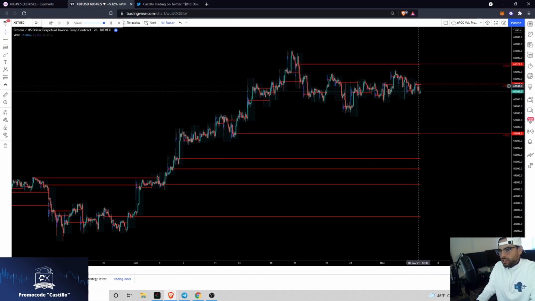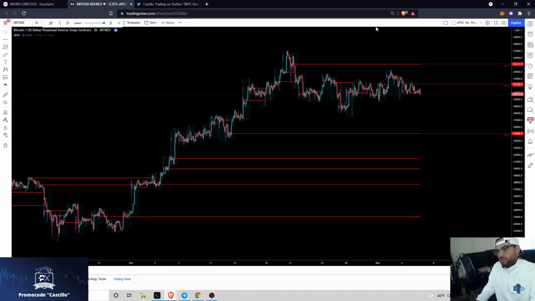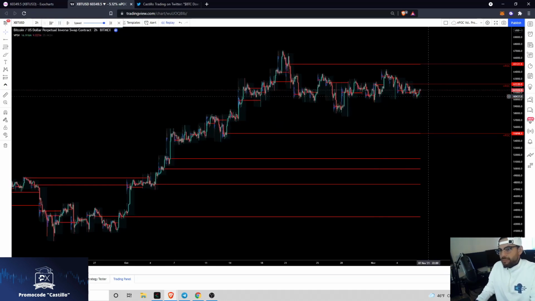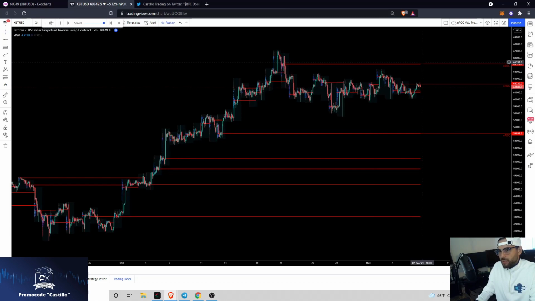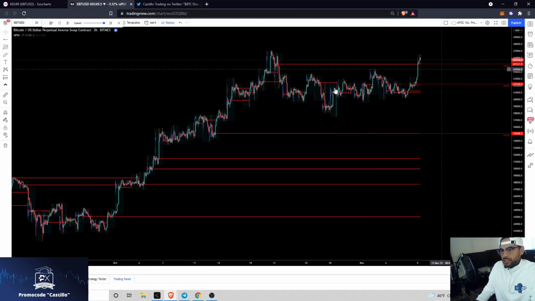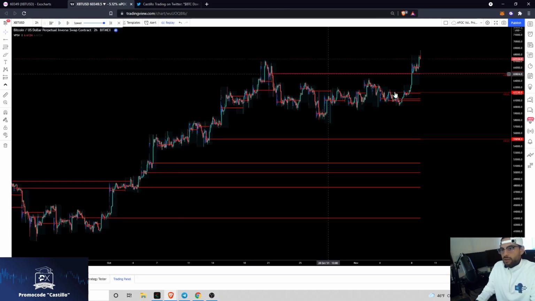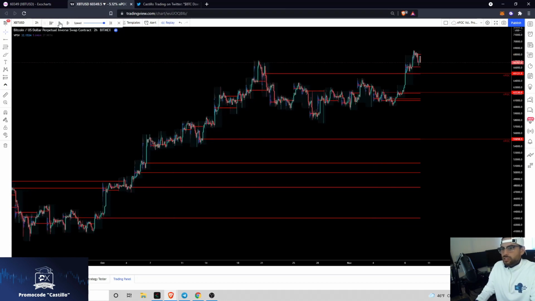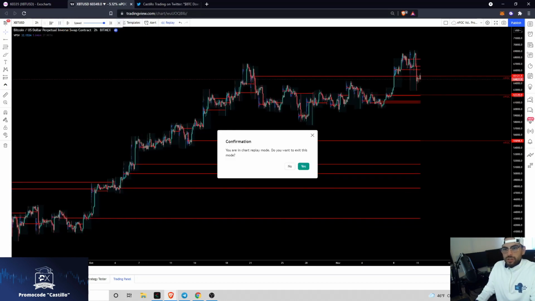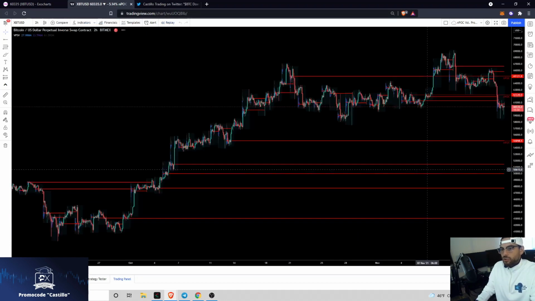So it's a good long in these areas to come up and grab these naked points of control, turn them into daily points of control, and then continue with the next trade after that. We spike up, we grab both of these, and then we continue to come back down. That's really just the way that I like to use naked points of control and points of control.